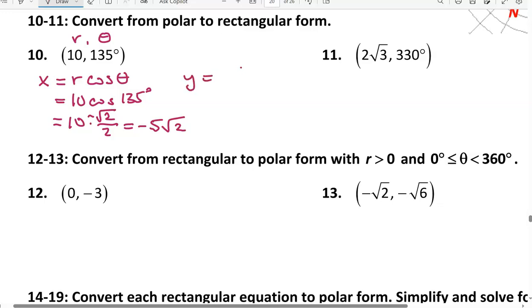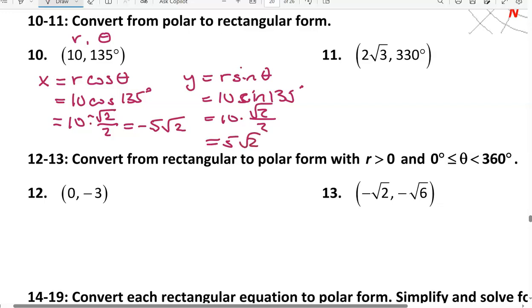The y value is r times the sine of theta, which is 10 times the sine of 135 degrees, or 10 times the square root of 2 over 2, or 5 times the square root of 2.